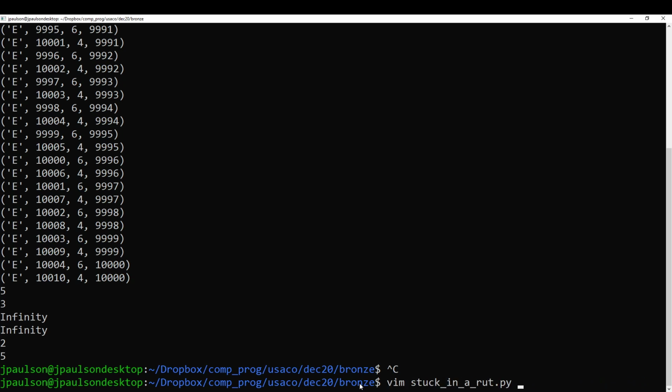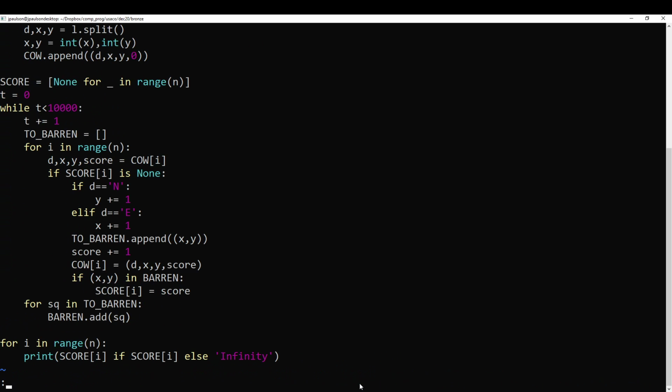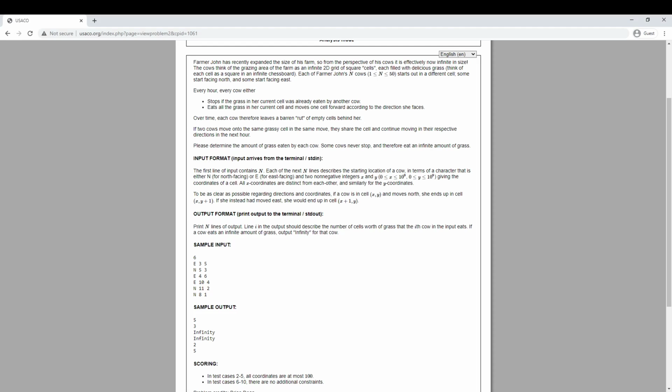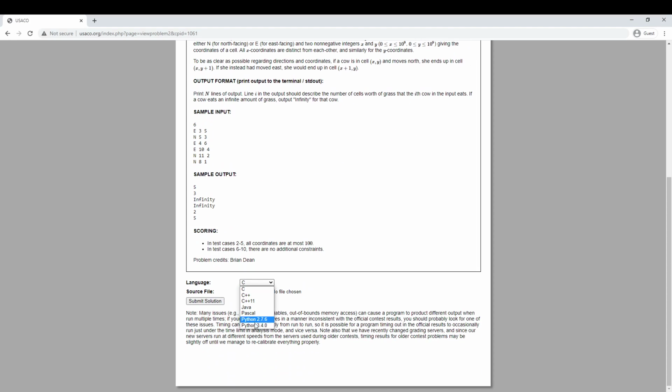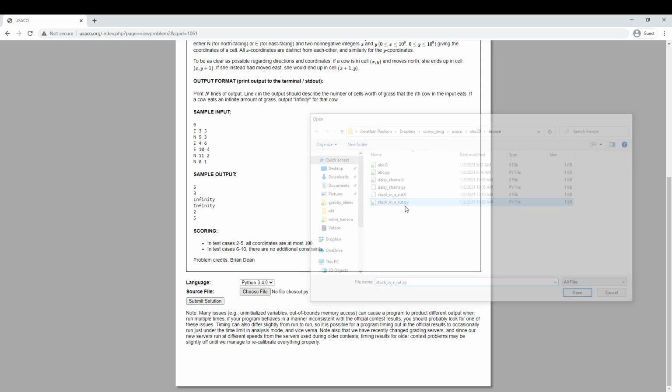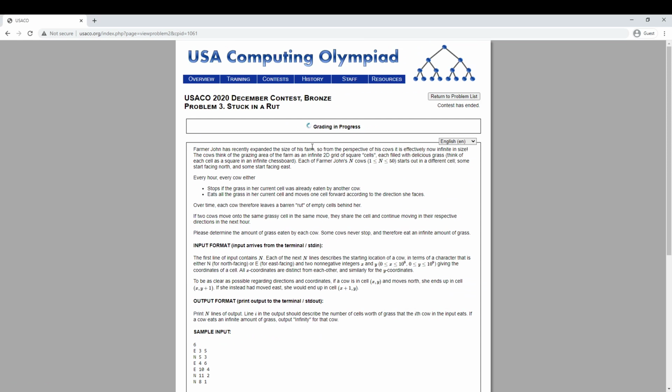Infinity 2, 5. Okay. So this should pass some but not all of the test cases, because it doesn't handle large coordinates correctly.